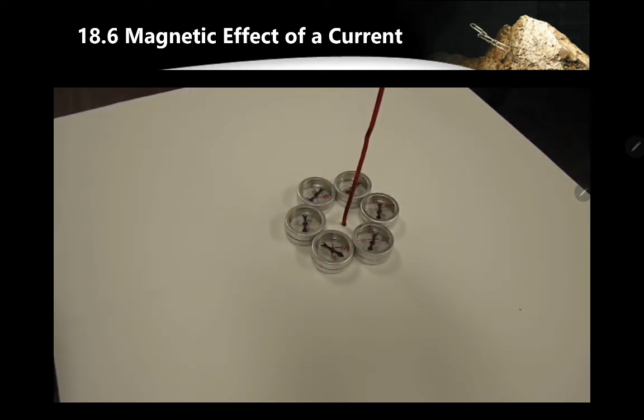I'll turn the current back off. Now I'm going to reverse the current and run it the other direction. So in this case, the current will be flowing down the wire through the cardboard. And let's see what direction the field is there.